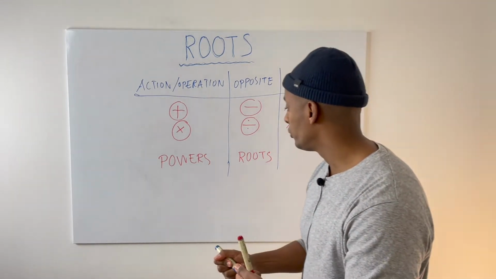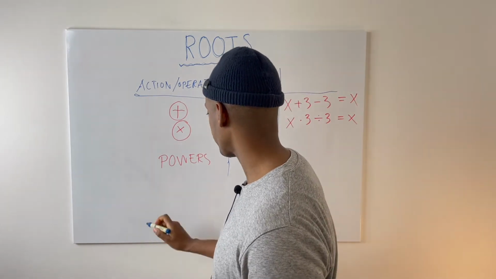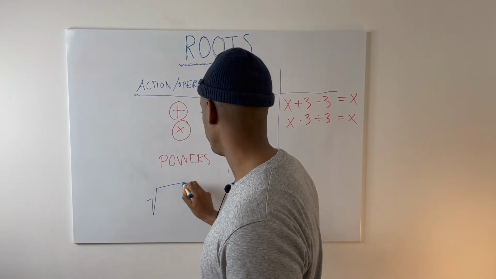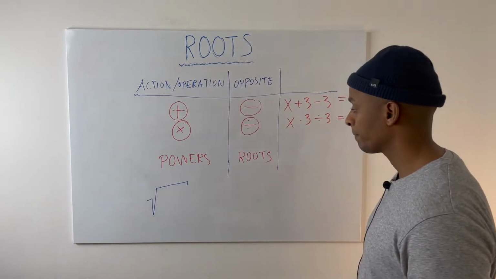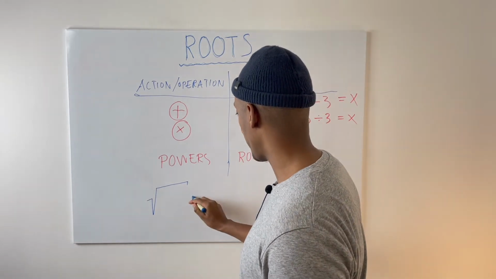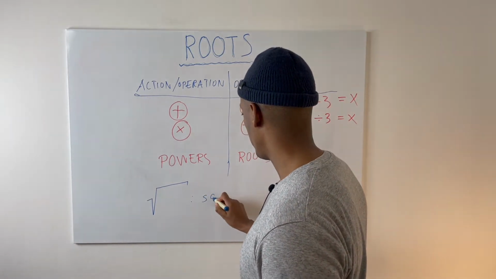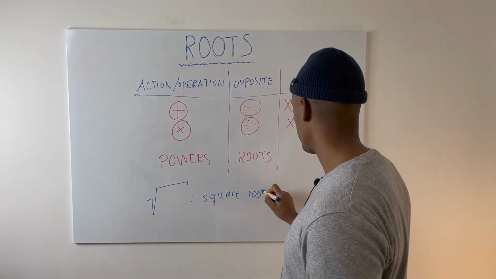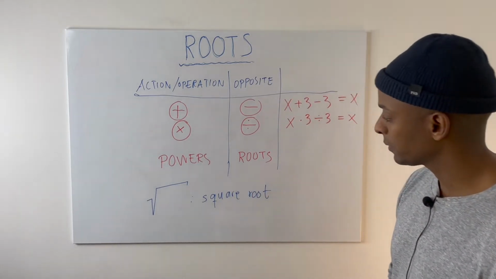So we write roots this way. We do this symbol. This is the square root.